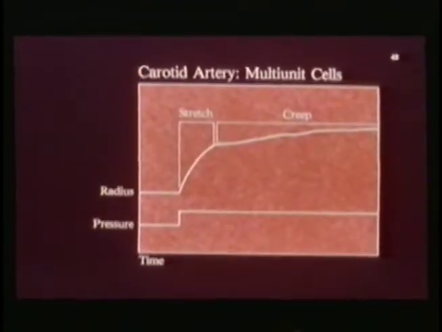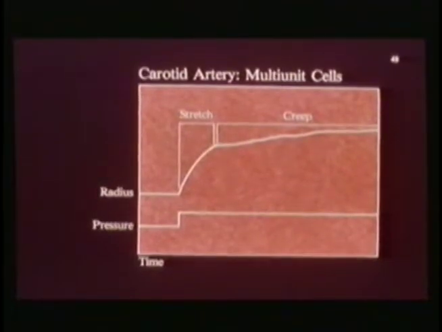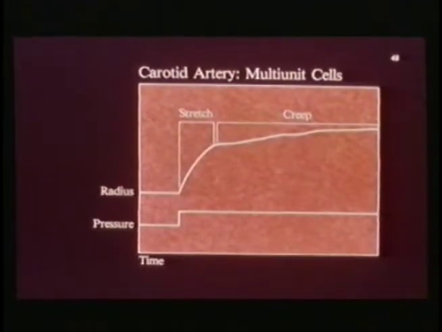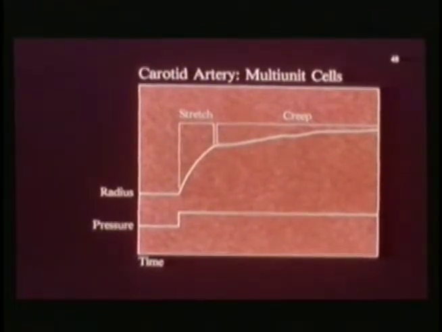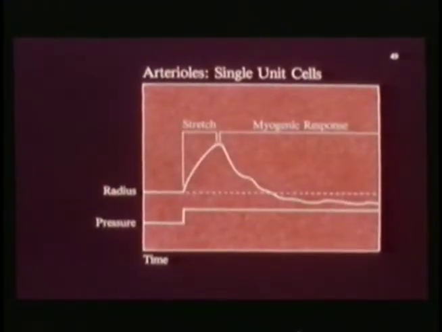48. The myogenic response is much less active in multi-unit muscle than in single-unit muscle. Therefore, in large vessels such as the carotid artery, which possesses primarily multi-unit muscle, an increase in distending pressure tends to induce creep. 49.